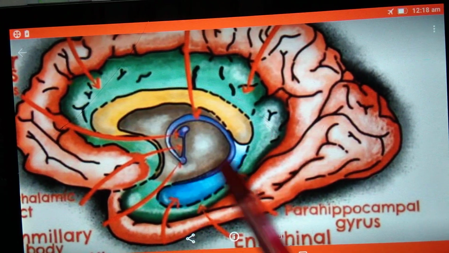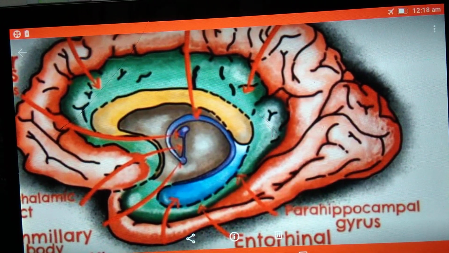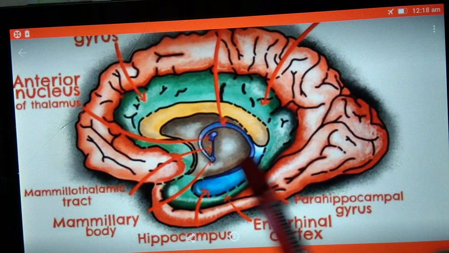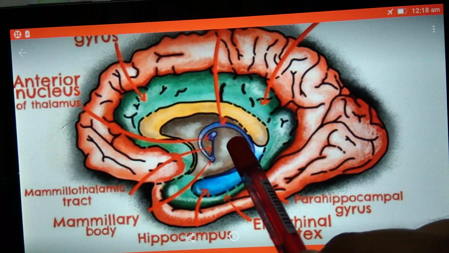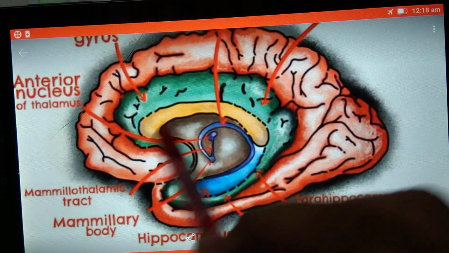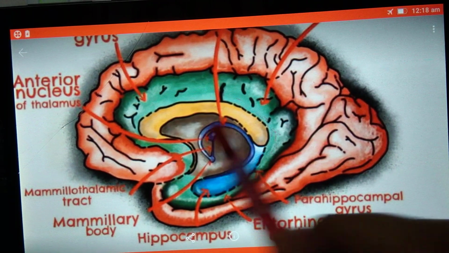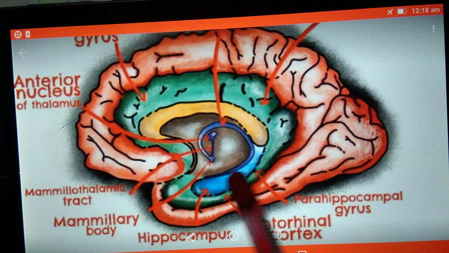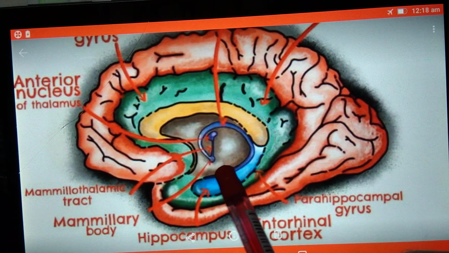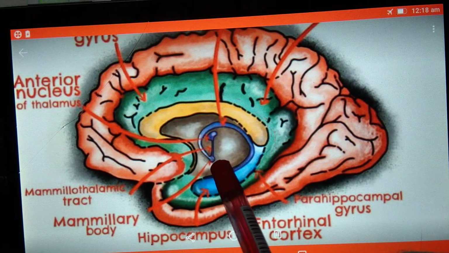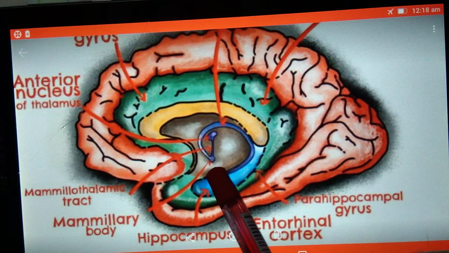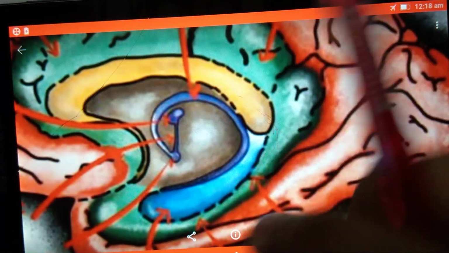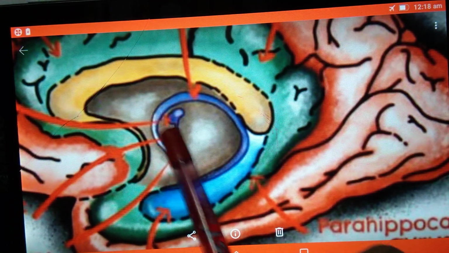Fornix is nothing but the white fiber arising from the hippocampus. The fornix runs below the corpus callosum, and then turns anterior, and then bends posteriorly, and then reaches the mammillary body. The mammillary body is a nucleus of the hypothalamus. And then what is this? This is the anterior nucleus of thalamus.